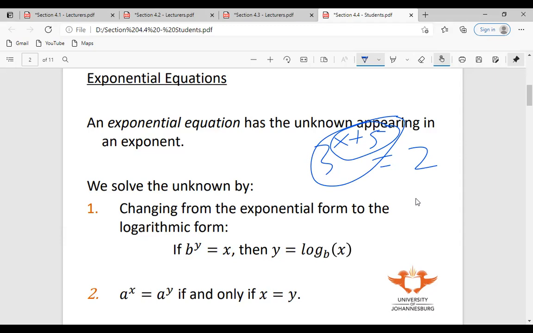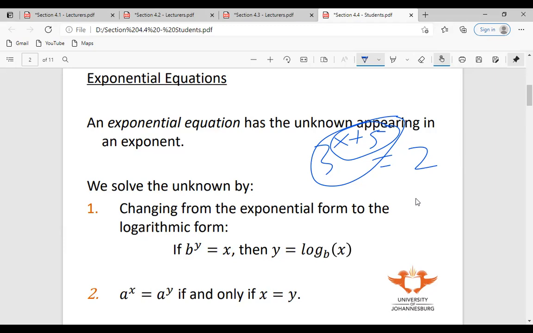This is now where the log functions come in. It's a very nice thing that logs and exponentials are inverses of each other because they help each other in this kind of instance.